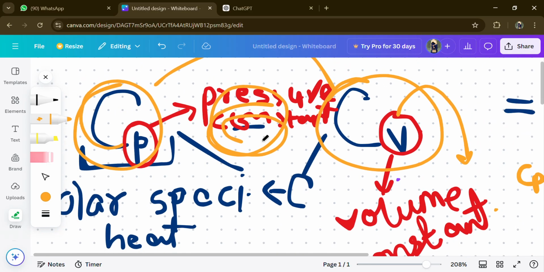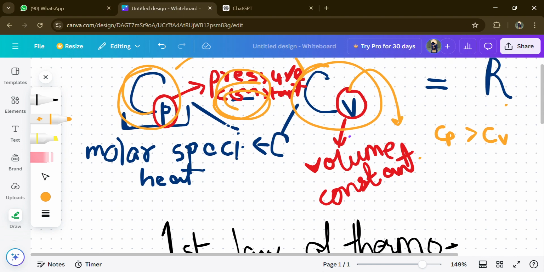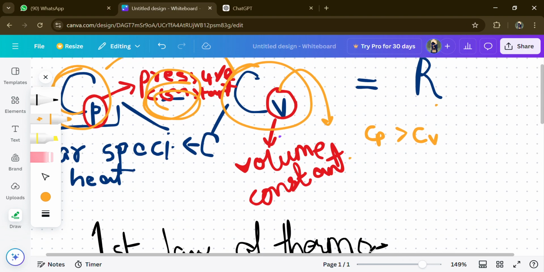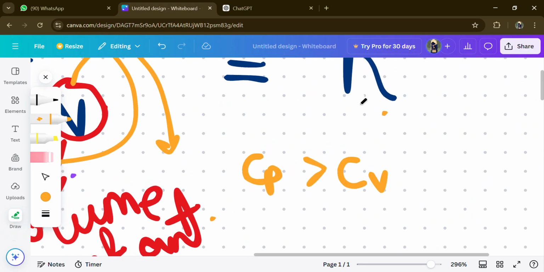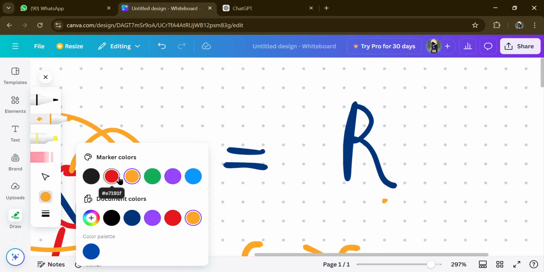Now let's look at the situation again. We do have this R. What does this R specifically show us?